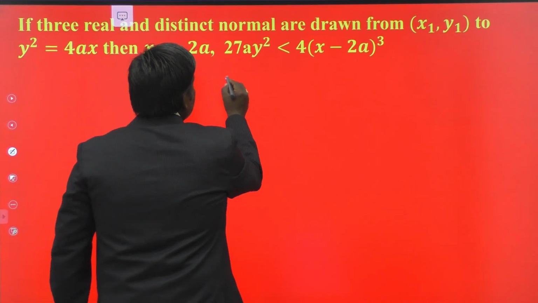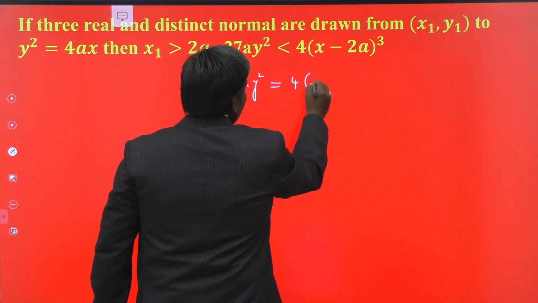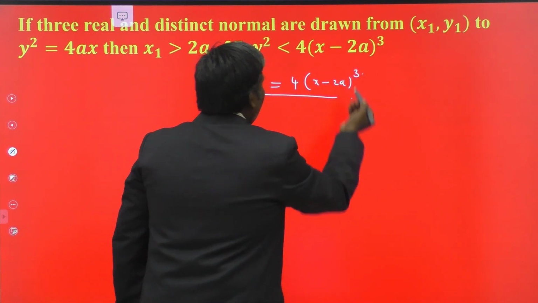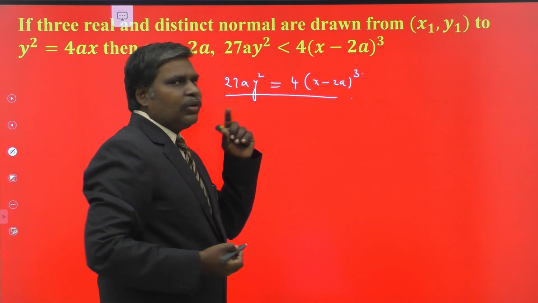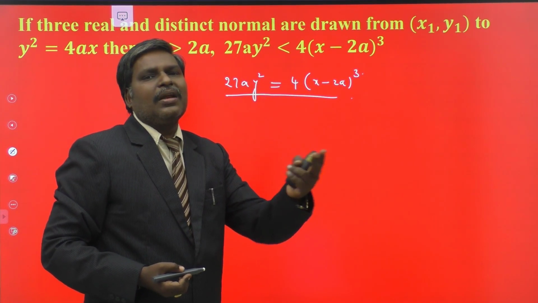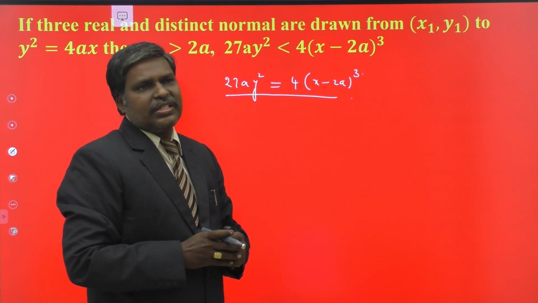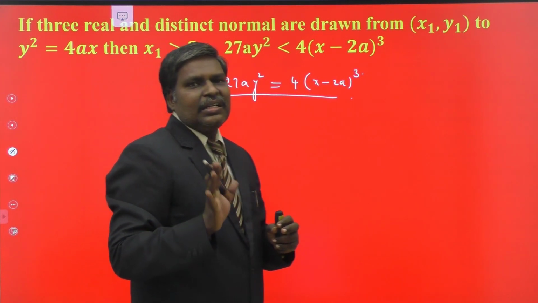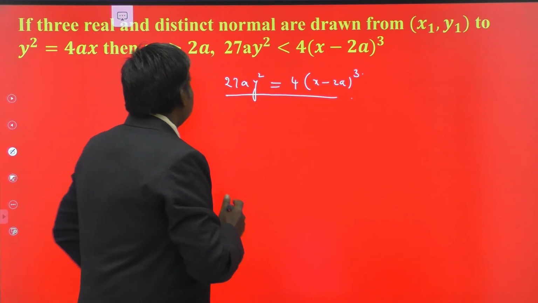Suppose 27 ay square is equal to 4 times of x minus 2a whole cube is the condition. What we conclude the result from this one? The conclusion is, out of 3 normals, 2 of them are coincident. Out of the 3 normals, 2 of them are coincident. At that time, we draw only 2 real and distinct normals from that point x1, y1 to the parabola.